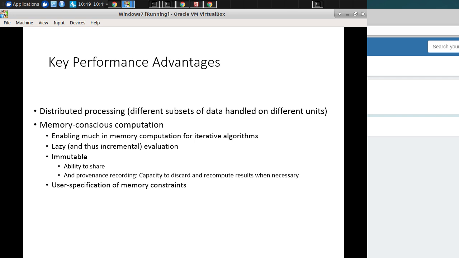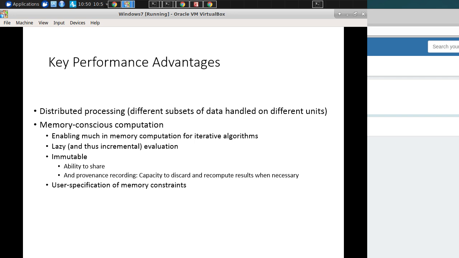We know that. But equally so, we can keep track of the provenance, the lineage of the computation, where this came from. What was the whole computation that gave rise to this? And if we're getting short of memory, we can get rid of what we've computed thus far and just remember how to recompute it if we need it.